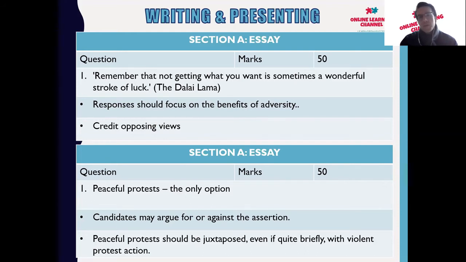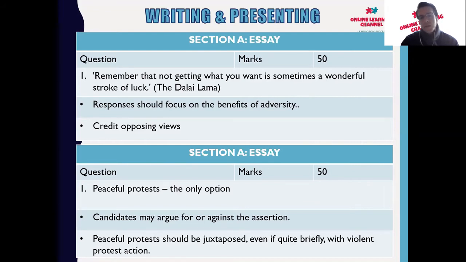You are to be given credit if you offer any opposing views. Okay, so any opposing views that bring in this idea that when adversity is experienced, there often is light at the end of the tunnel.